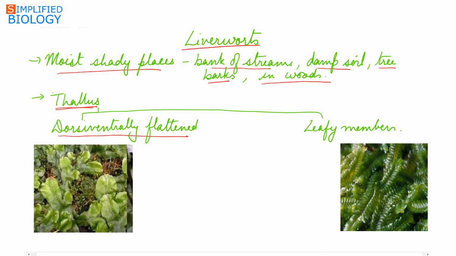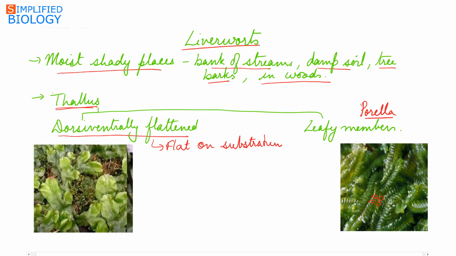That means they grow flat on the surface of the substratum, and the dorsal surface and the ventral surface of the thallus can be differentiated. There are some leafy members like Porella, which consists of small leaves arranged in 2 rows on the stem.